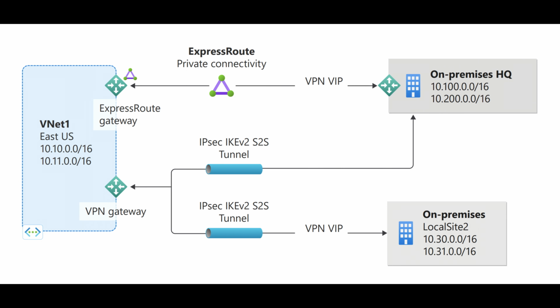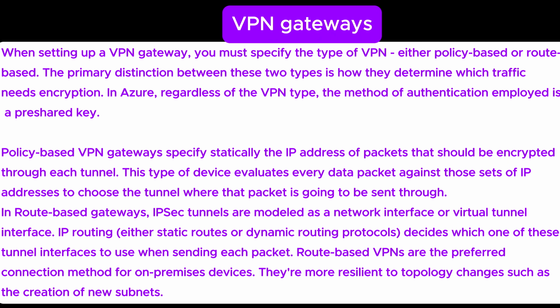Actually, there are two types. When setting up a VPN gateway, you must specify the type of VPN, either policy based or route based. The primary distinction between these two types is how they determine which traffic needs encryption. In Azure, regardless of VPN type, the method of authentication employed is a pre-shared key.